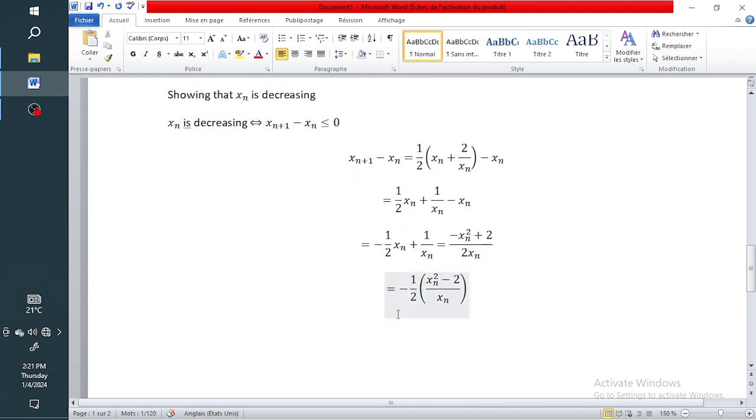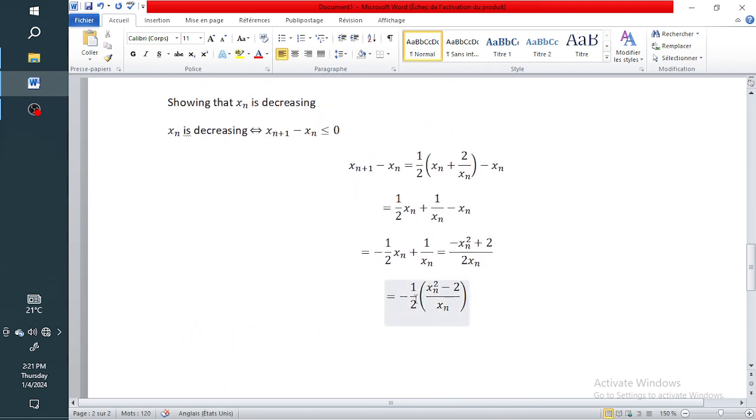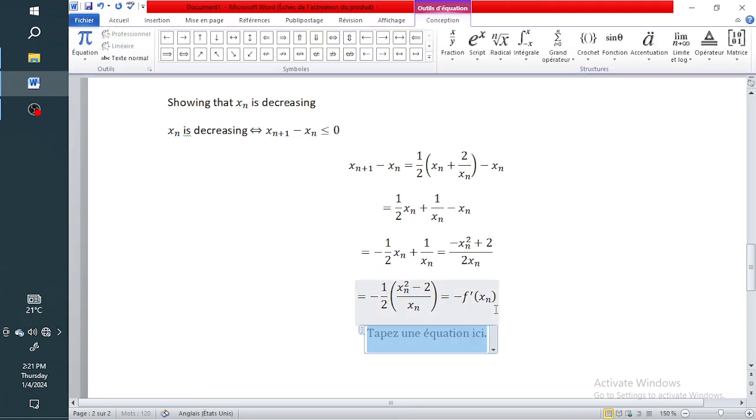And since this resembles a derivative, but now there's a negative sign, we can say this one is equal to negative f prime of x of n. Now we know that f prime of x of n was greater or equal to 0.